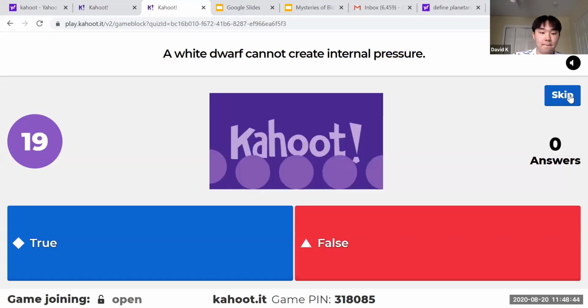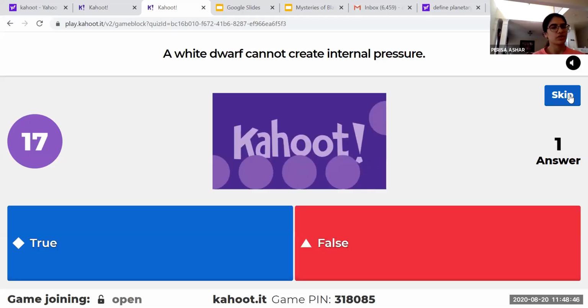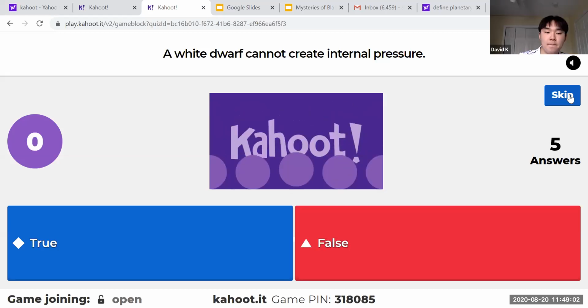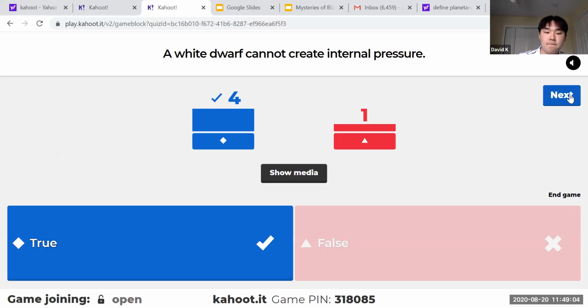So finally, a white dwarf cannot create internal pressure. True or false? So a lot of you got this correct. Good job.